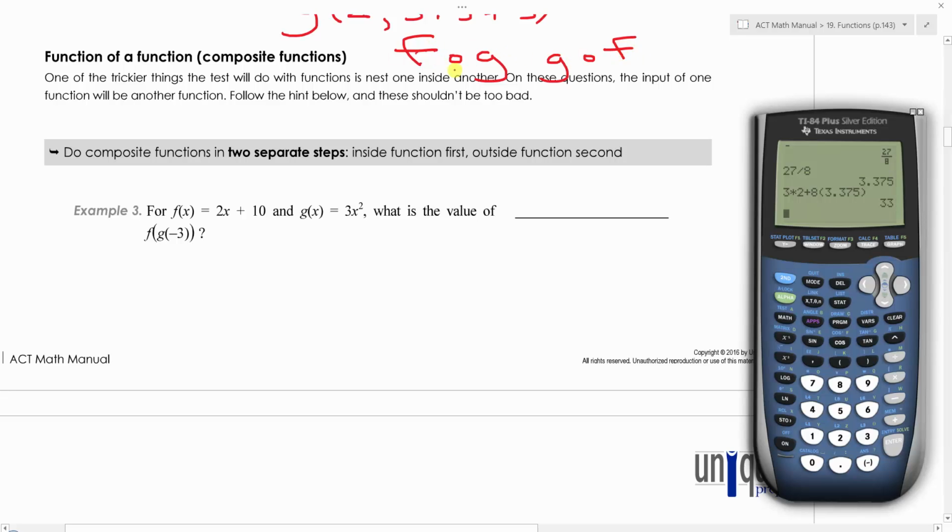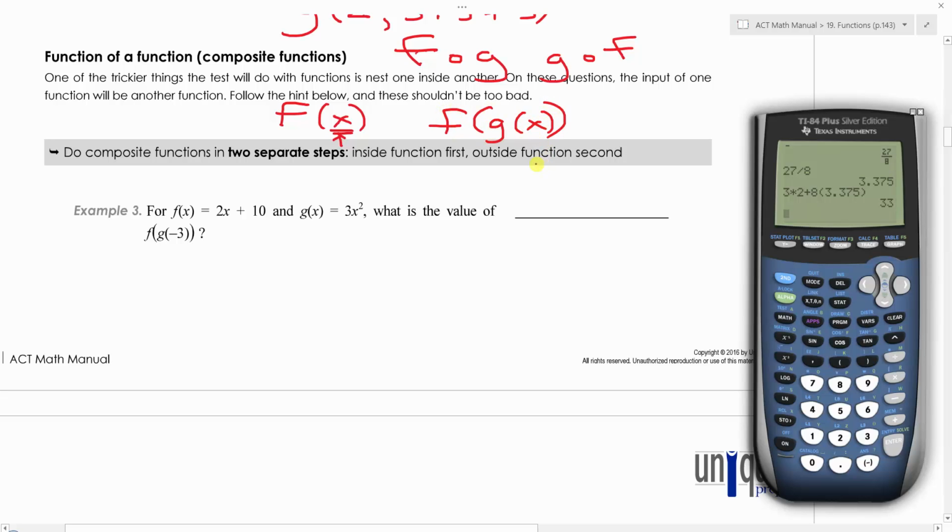Those were the same thing as we're going to talk about right now. Those were composition of functions, where instead of just having an x in the parentheses as your input, you're going to have another entire function as your input.